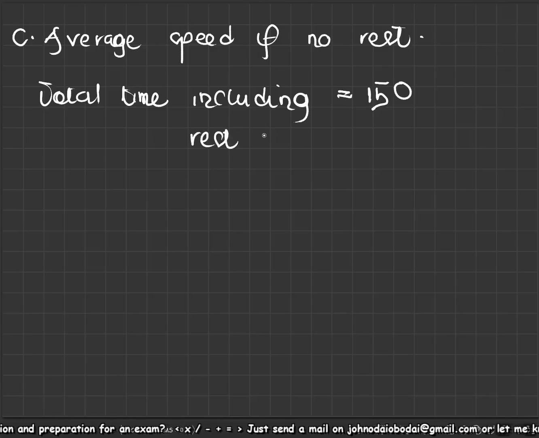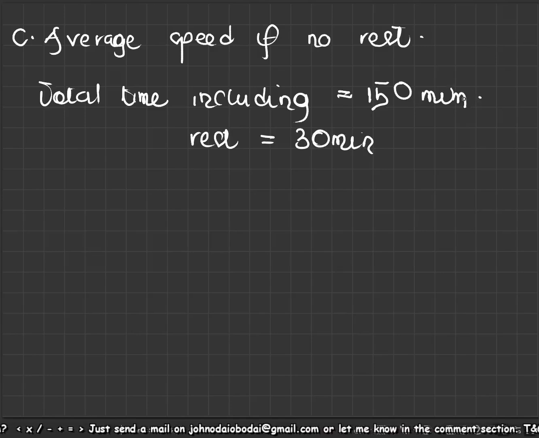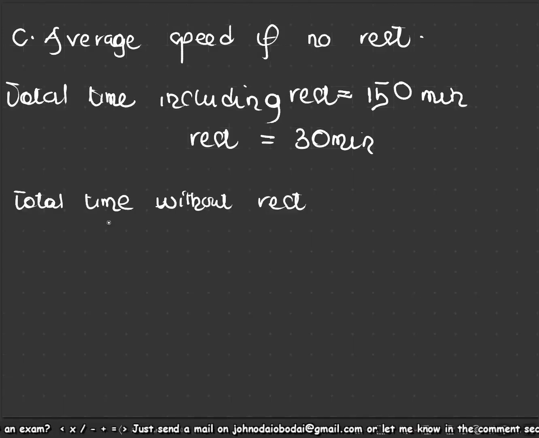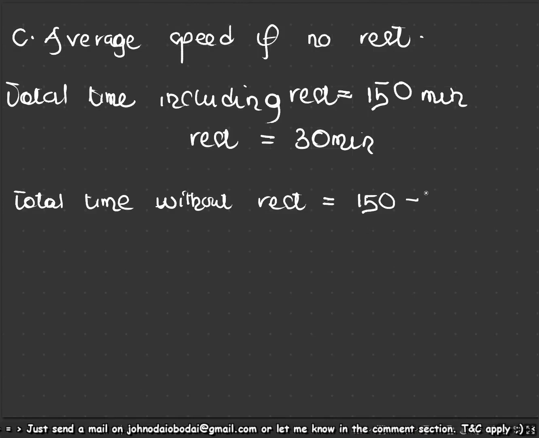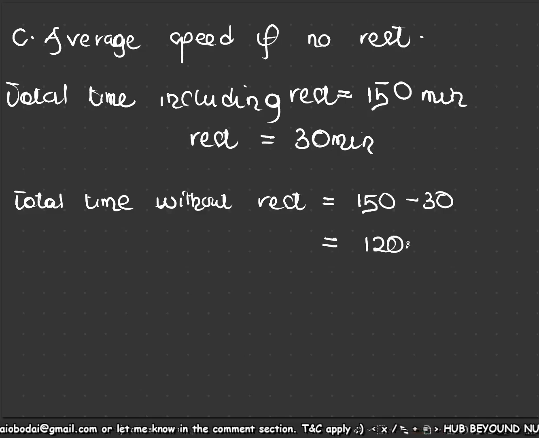The rest alone is 30 minutes. That is the number of minutes he rested. So then, the time excluding rest will then be 150 minus 30, right? Minus the time he used to rest. And that is going to give us 120 minutes, right?